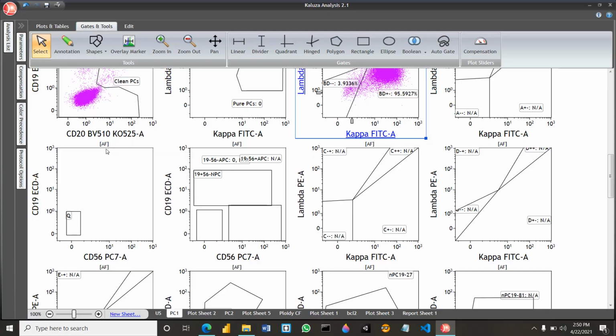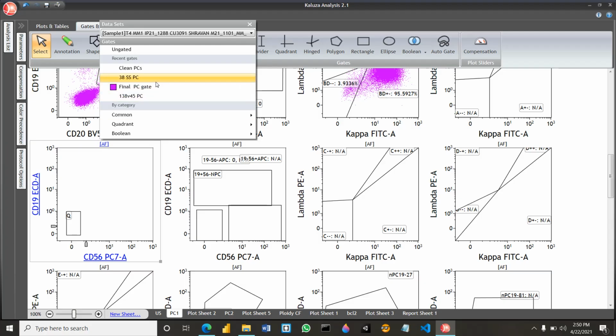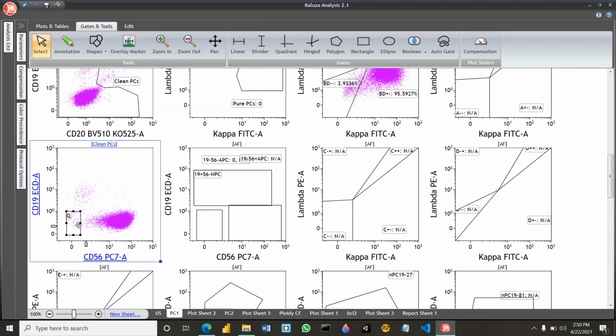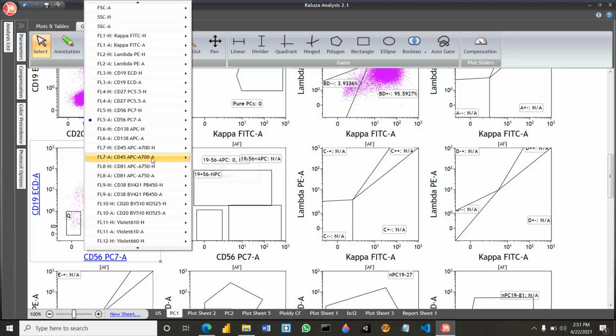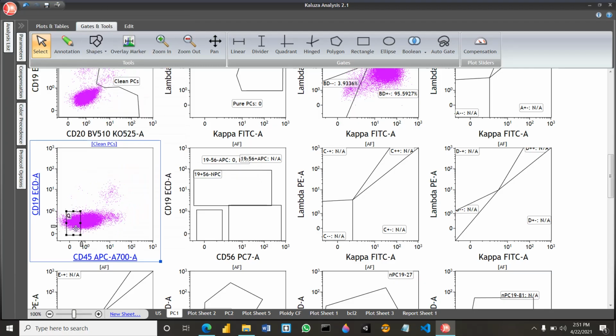So let's check what the aberrancies were in this. If we look at clean PCs and 1956 or 1945, you can see almost all plasma cells are 19 negative. Only a small population of plasma cells is 19 positive, and the rest are 45 dim to negative and 19 negative, which looks abnormal, and this small population looks normal.